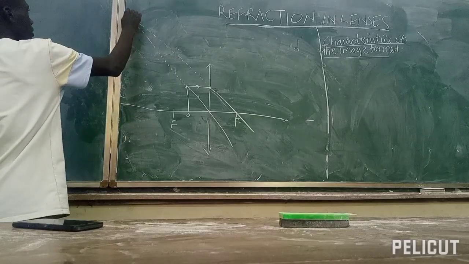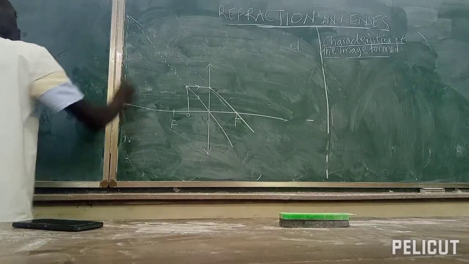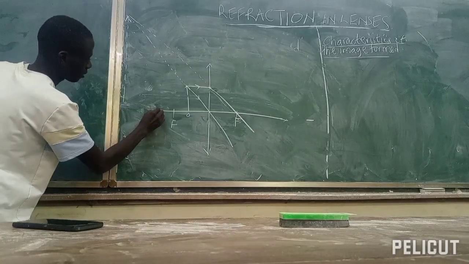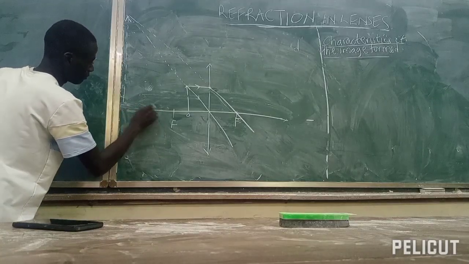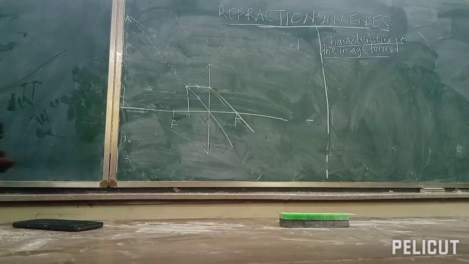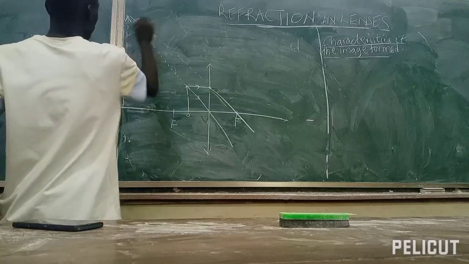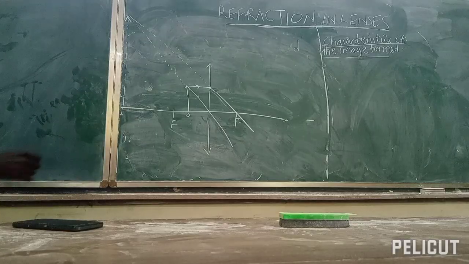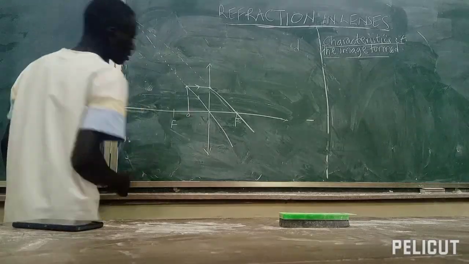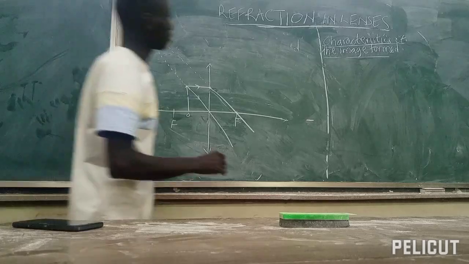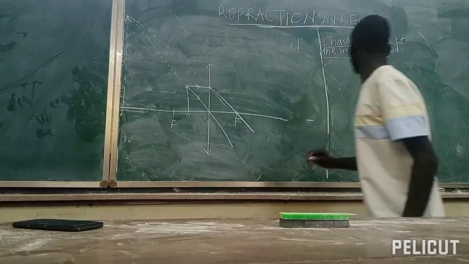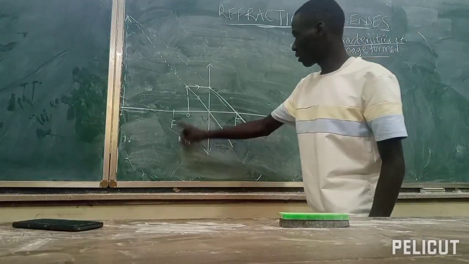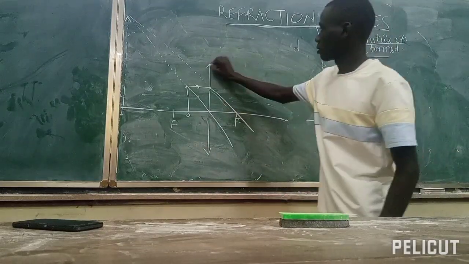The image we form here will be a virtual image, and it is not inverted. The image formed is very big, bigger than the object. It's formed on the same side as the object. So let us look at the characteristics of the image formed when the object is placed in between F and the optical center.